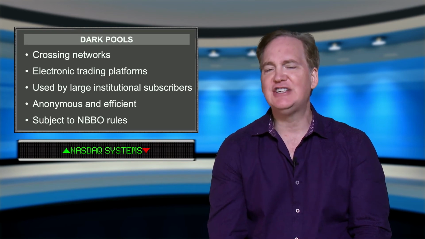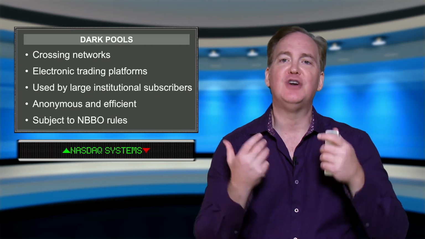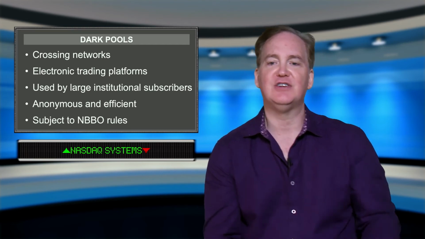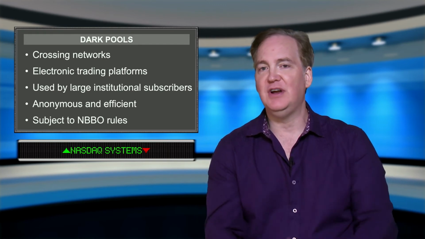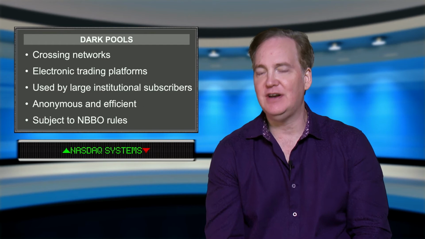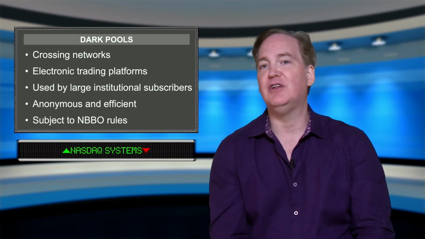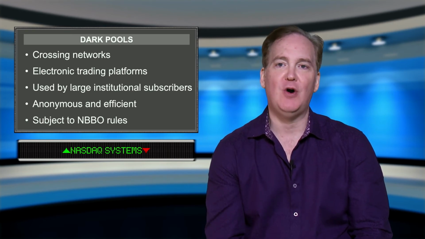They may not execute orders that trade through protected prices. So even in these dark pools and on these alternative trading systems, the prices where the transactions are executed must be as favorable as are available in the NASDAQ Market Center, that best bid, best offer.